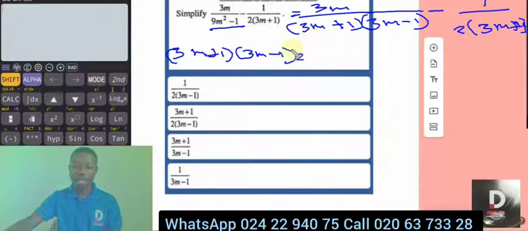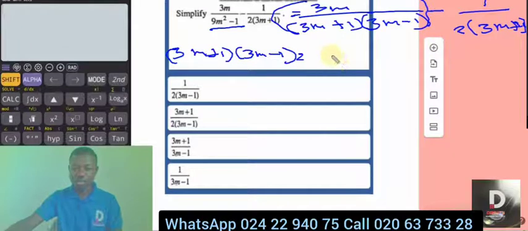So you multiply the LCM by the first term and multiply the LCM by what? The second term. So that is what I'm doing. So watch me, I'm multiplying. So let me write it for you to see. So first term, you multiply by this. Then the second term, you multiply by the same term. Do you agree?